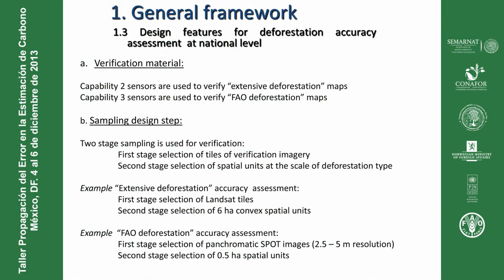Based on these considerations, the framework for deforestation accuracy assessment, which might apply to national level, would include features such as these prerequisites: capability 2 sensors that would need to be used, a coverage of capability 2 sensors in order to calculate the accuracy of extensive deforestation maps, which we have plenty of in Mexico, because this has been the practice up to date.